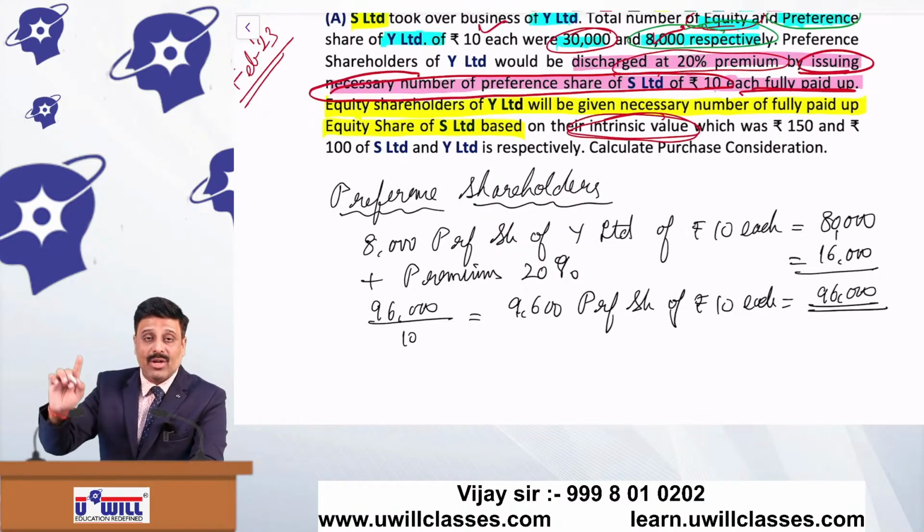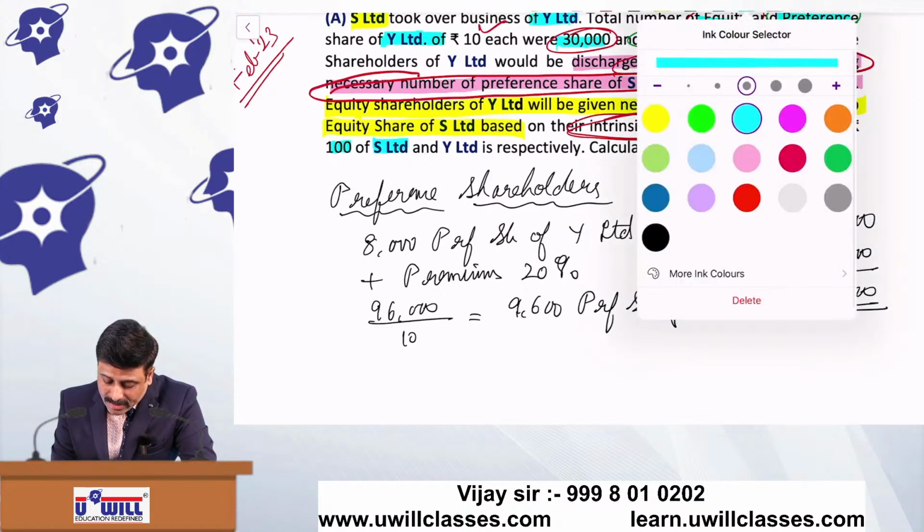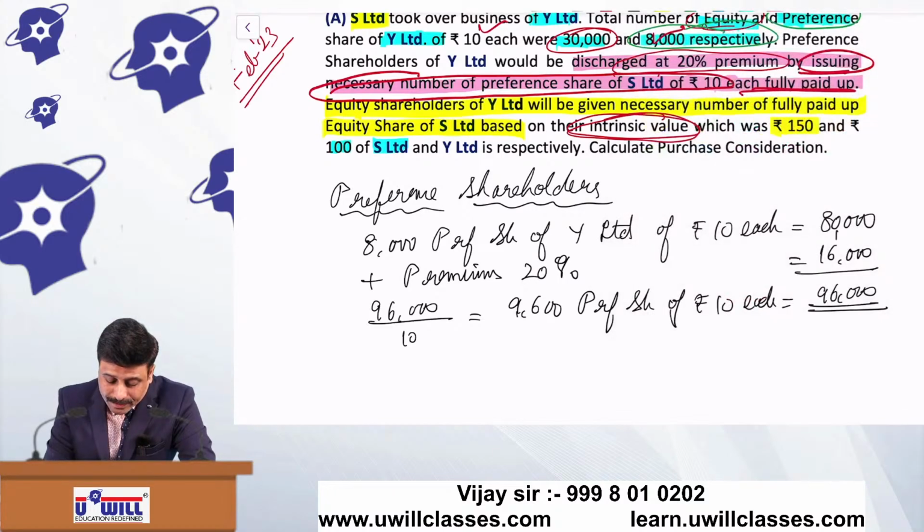Now here intrinsic value comes into force, which was 150 rupees and 100 rupees for S Limited and Y Limited.